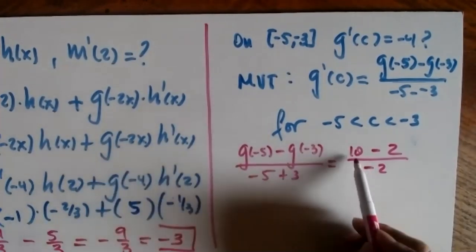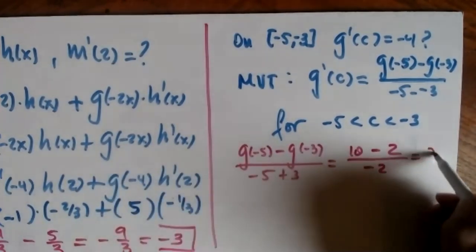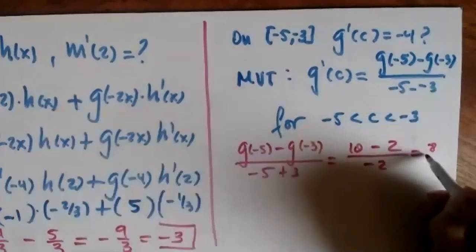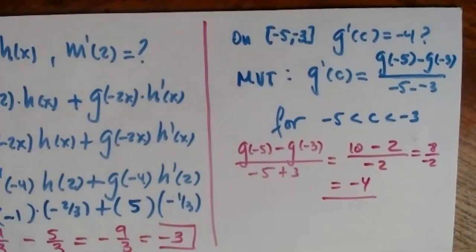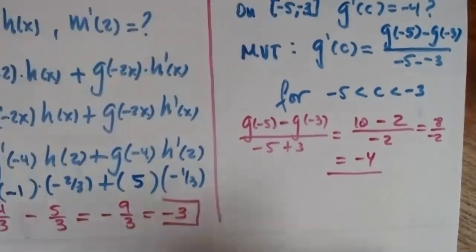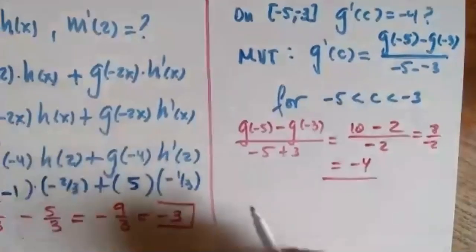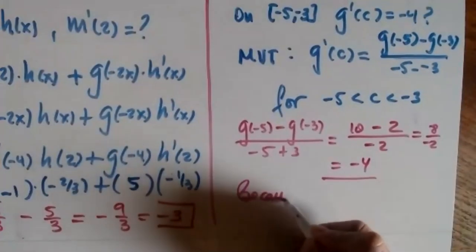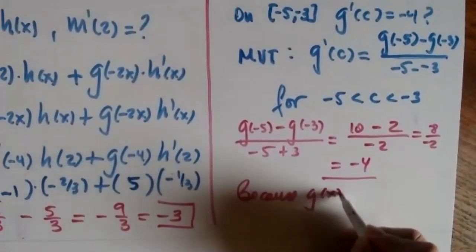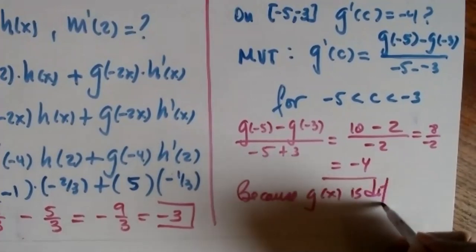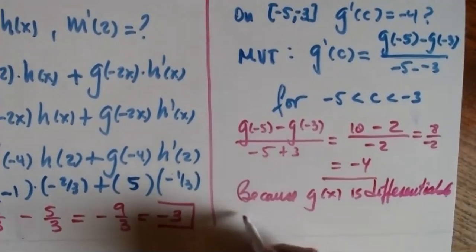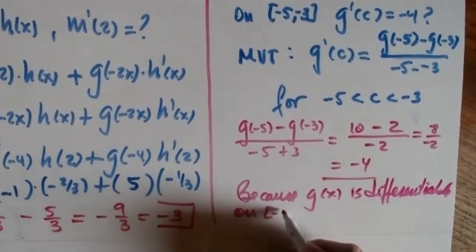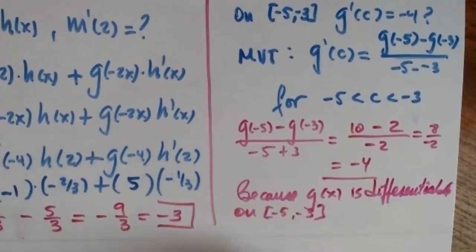Now, if we do these numbers, 10 minus 2 is 8, and over negative 2, so this is negative 4, correct? So, yes, because g of x is differentiable on negative 5, negative 3, right?